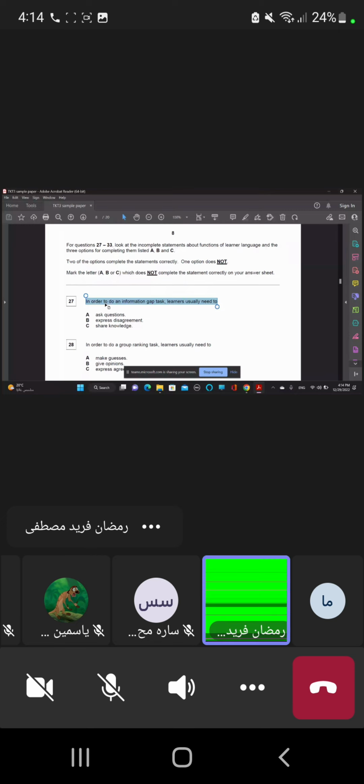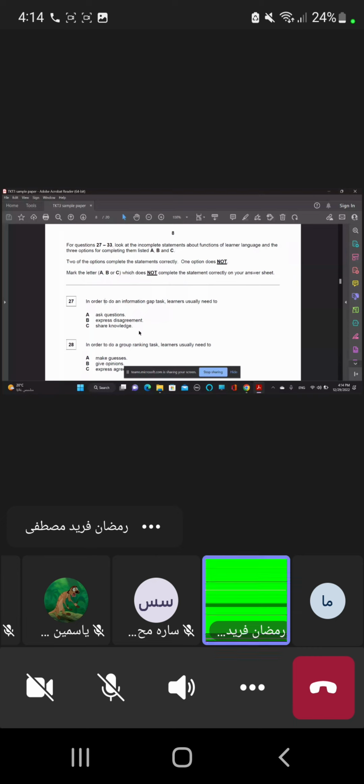Should I choose the one that suits the statement or the one that is not suitable? It says mark the letter A, B, or C which does not complete the statement. So two of them can complete the statement and one of them doesn't. You choose the one that doesn't complete the statement.